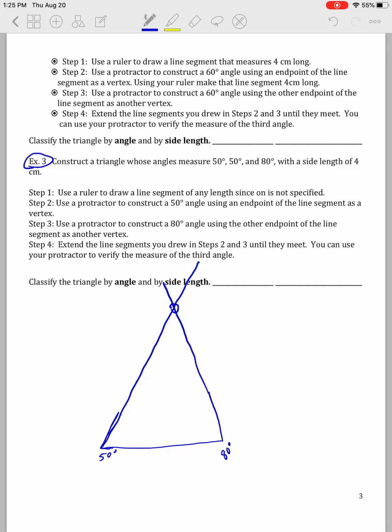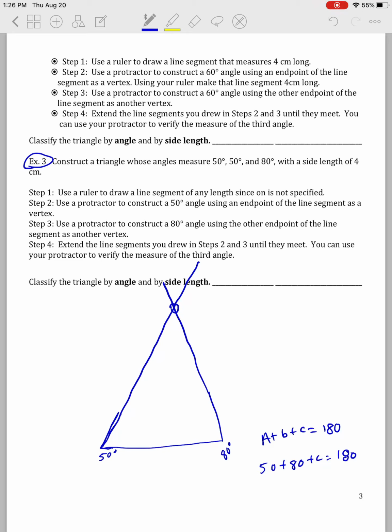Now classify the triangle by angle and by its side length. First off, let's look at the angles. Remember our angle sum theorem. A plus B plus C equals 180 degrees. 50 plus 80 plus C is equal to 180.